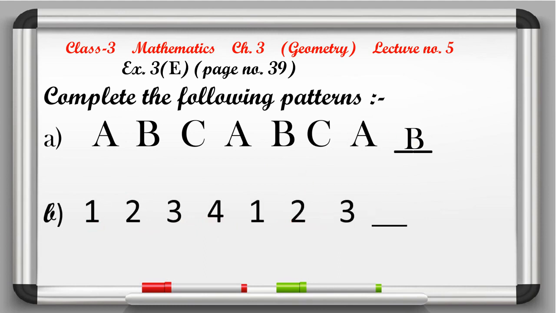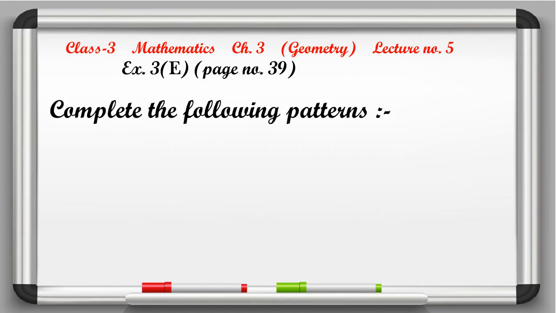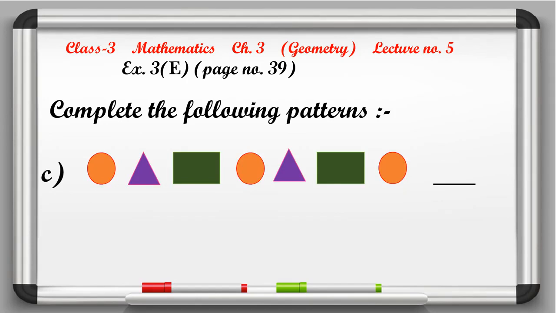So now we have to write here 4. Understood? Now in C part, this pattern is given. Here you can see that we have given a circle, then triangle, then rectangle, again a square, triangle, and rectangle.